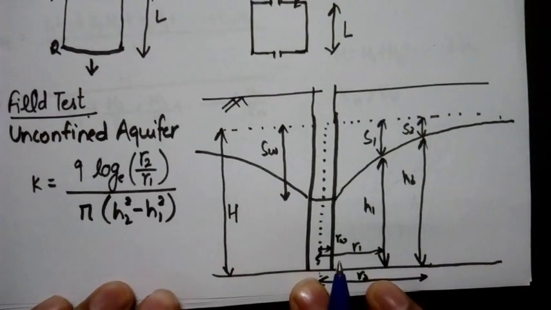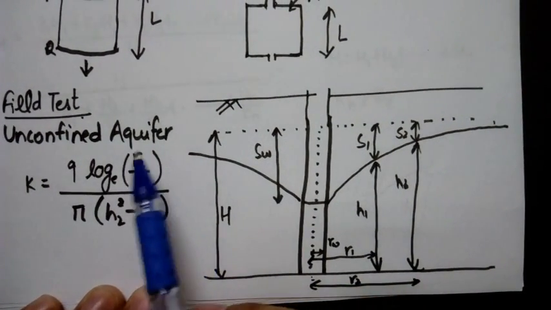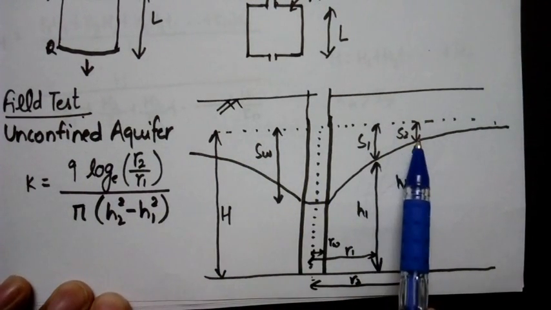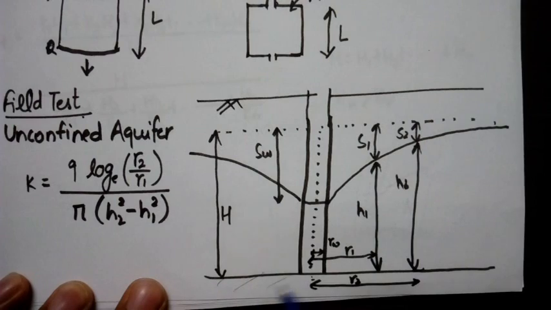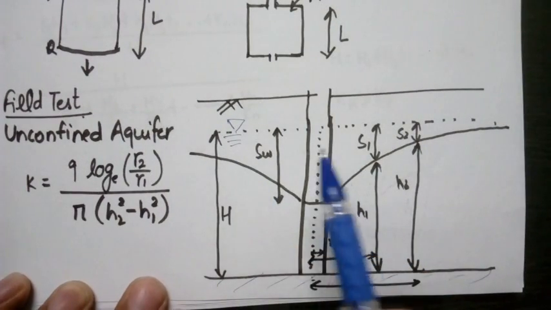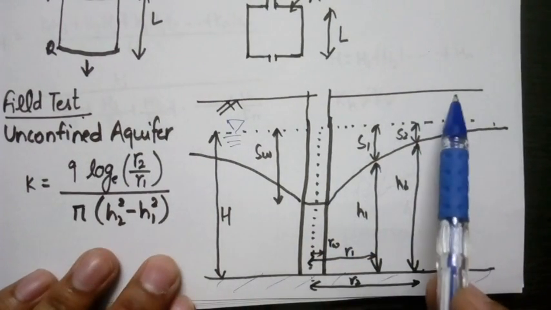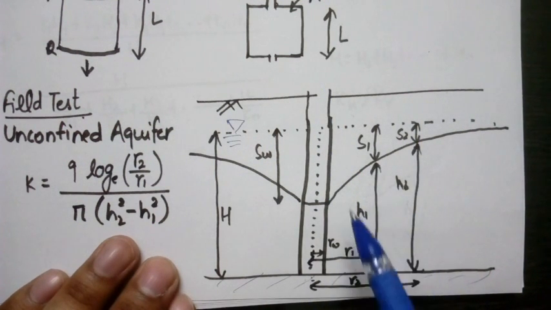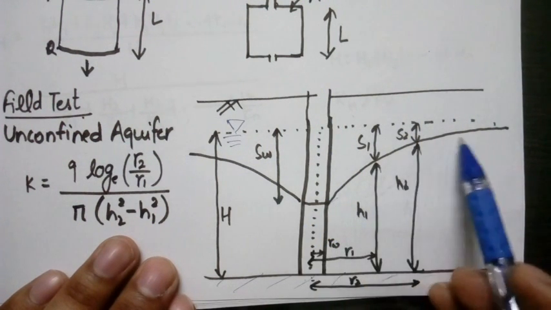Now we have field tests. First one is for unconfined aquifer. In this, there is no confinement in the aquifer. This below one is the hard stratum. This is the water level. And this is the soil, top layer of soil. This is our well. This is the drawdown pattern.